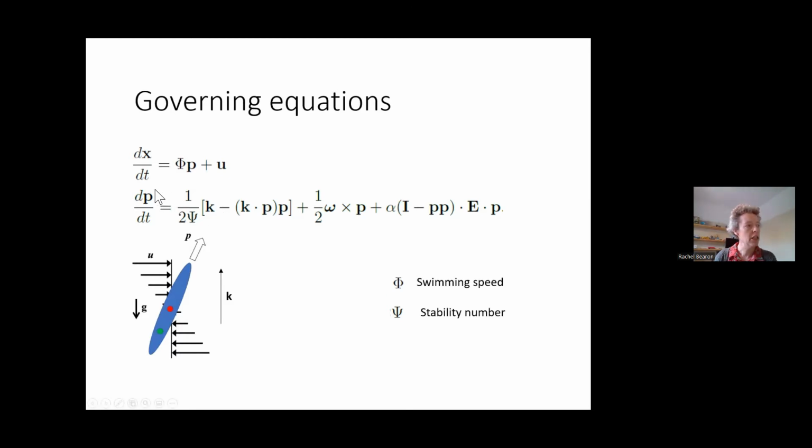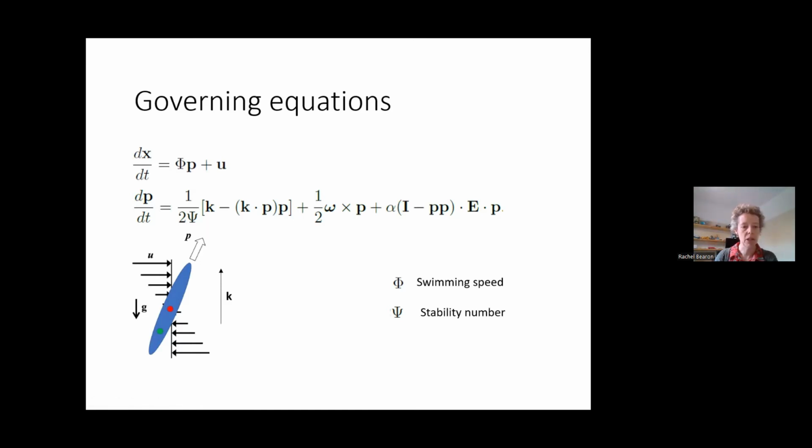For cell orientation, as I mentioned before, we have the Jeffery orbit term, the second two terms here, the reorientation due to vorticity and strain. Alpha is our shape parameter. And then this first term is where we capture the alignment with the vertical, k. The second non-dimensional parameter, psi, is sometimes referred to as the stability number.